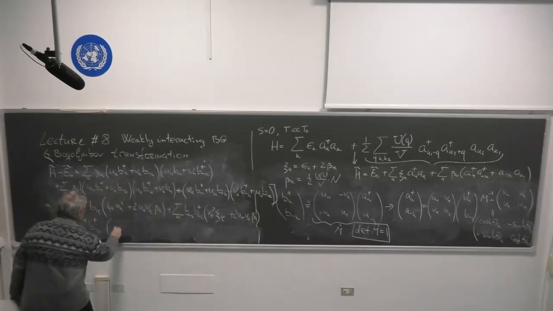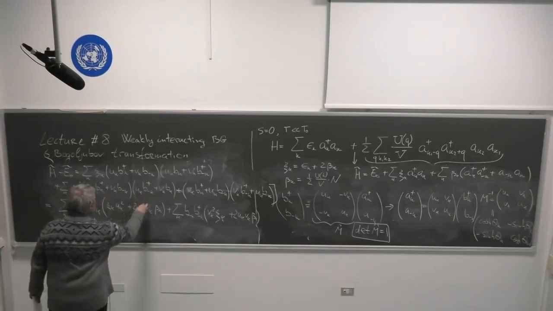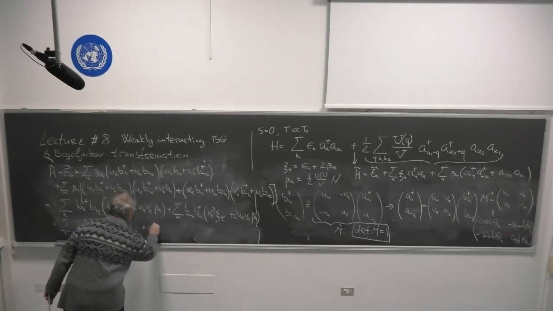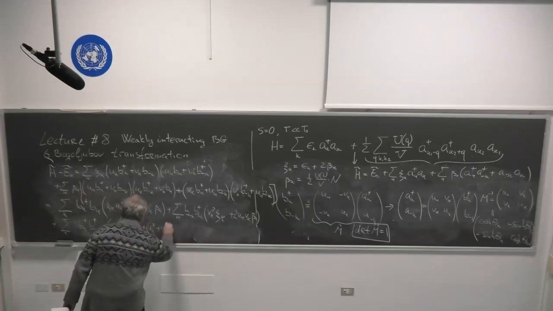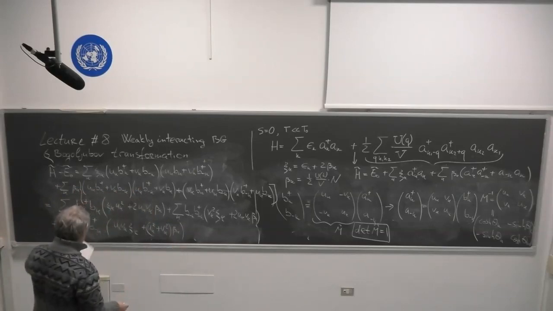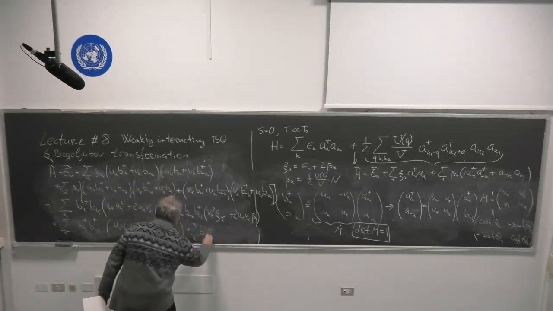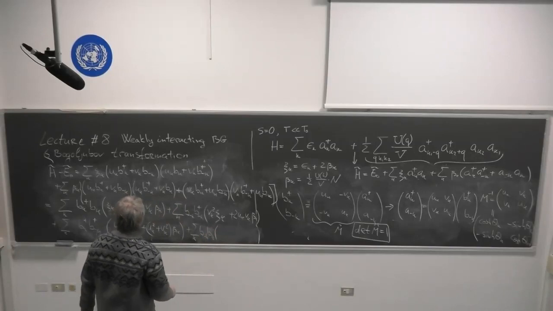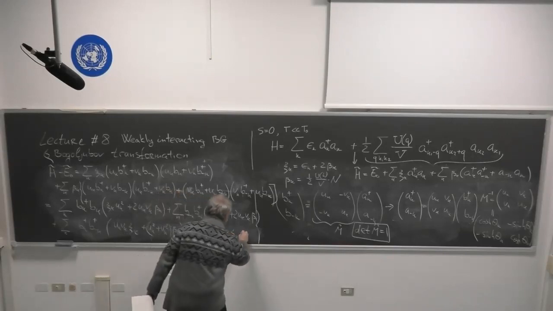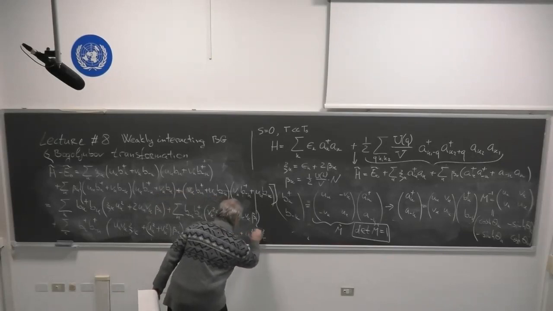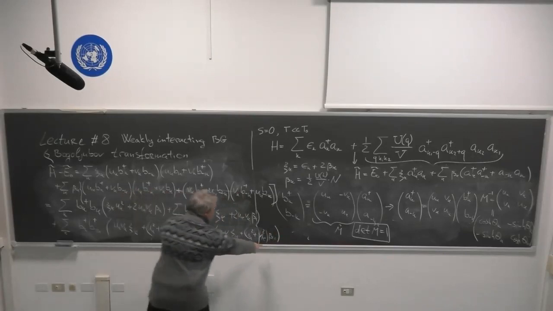Here we have UK VK psi K, plus UK squared plus VK squared beta K. And the last term, sum over K, B minus K BK: I have VK UK psi K plus the same term, UK squared plus VK squared beta K. So you see that these coefficients are the same.